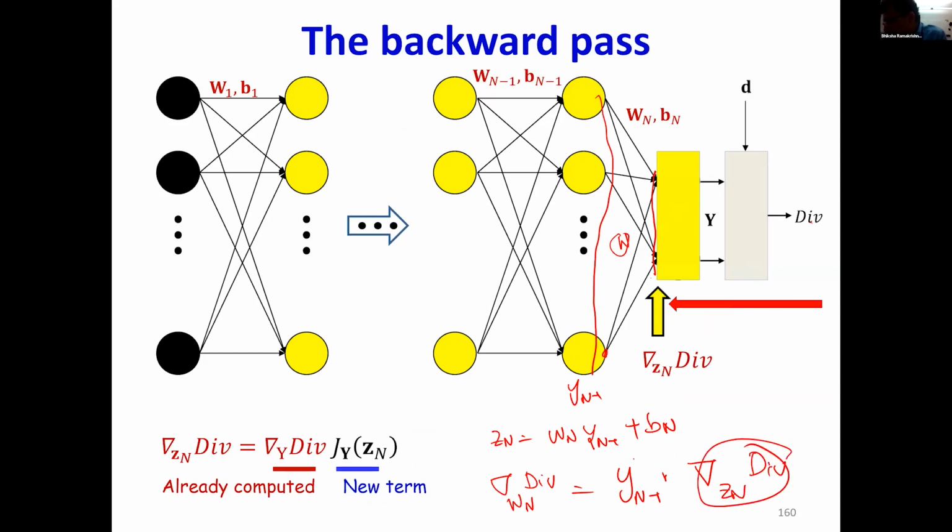And this is already computed. We got this in the forward pass. We got the derivative with respect to w. Everybody with me? You guys get it? Did you get it?